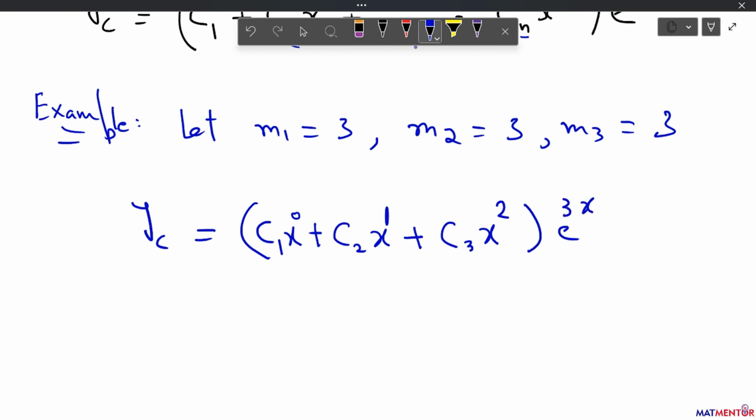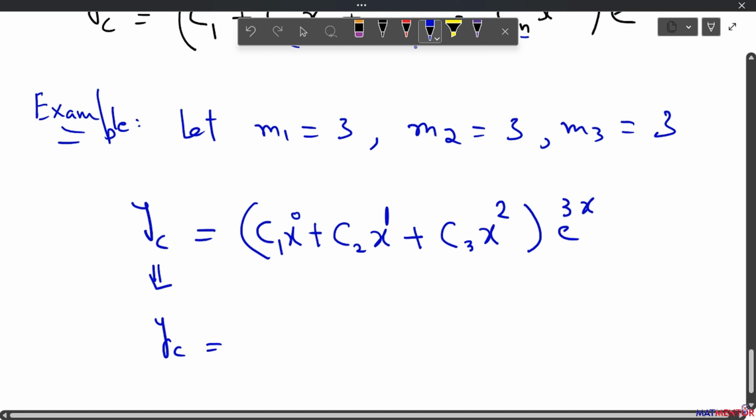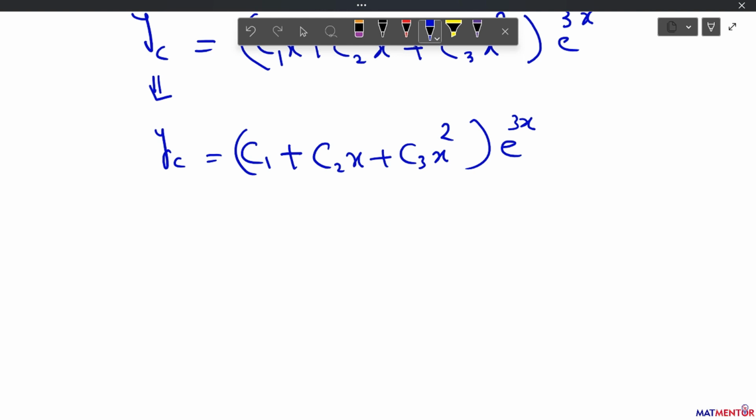So root is basically 3, so e raised to power 3x. And this can be written as yc is equal to c1, x raised to power 0 is 1, okay? So I'm just writing c1 plus c2x plus c3 x raised to power 2, and this is e raised to power 3x.